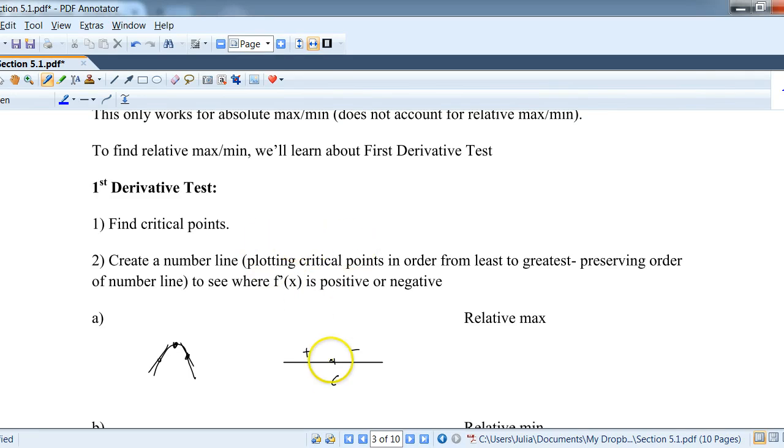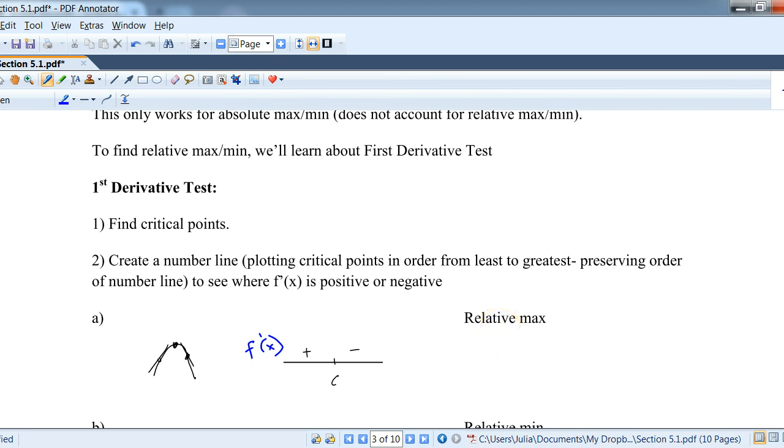For example, we're plotting points into the first derivative, f prime of x. If the sign changes from positive to negative, so the function is increasing, slope is positive, reaches a maximum and starts decreasing, so slope becomes negative, then we have a relative max.